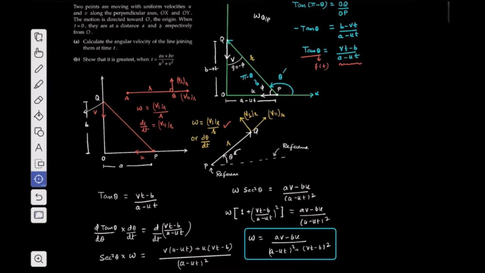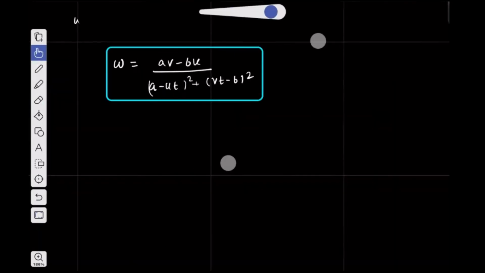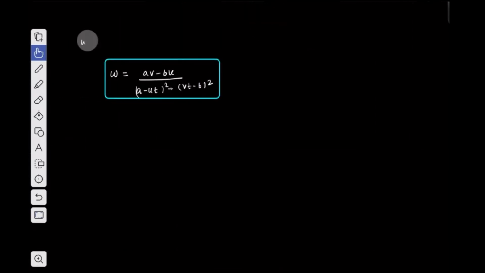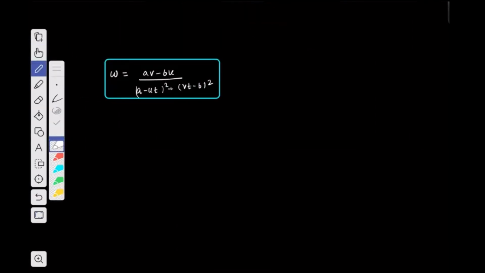And what exactly you will do to figure out the maximum value of omega, or when omega becomes maximum. So this is the omega that we have got. Whenever you come across a function like this, you can take the same approach. See, whatever we have in the numerator is constant, and only the denominator is variable.